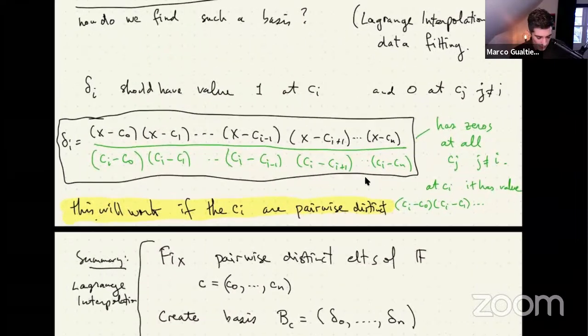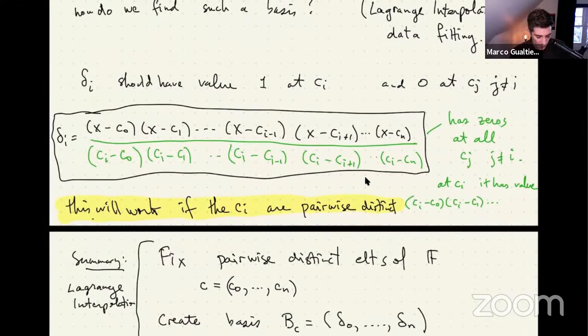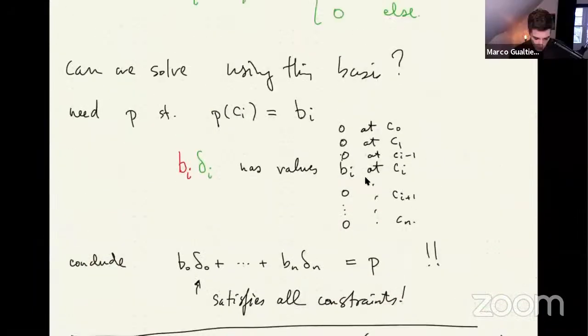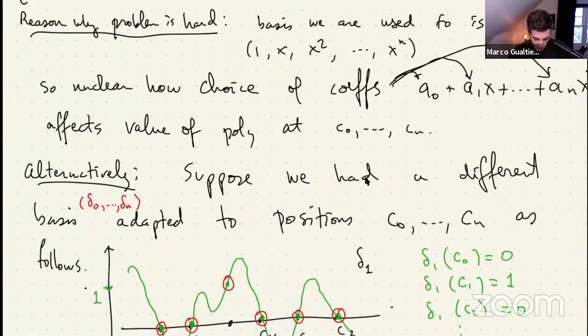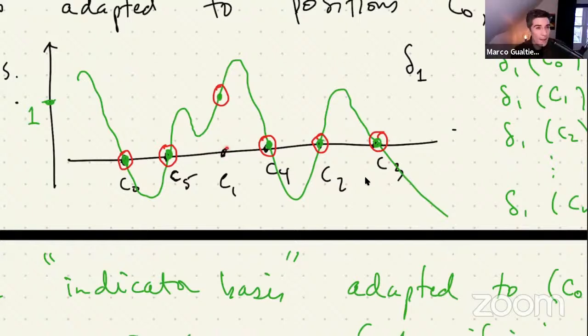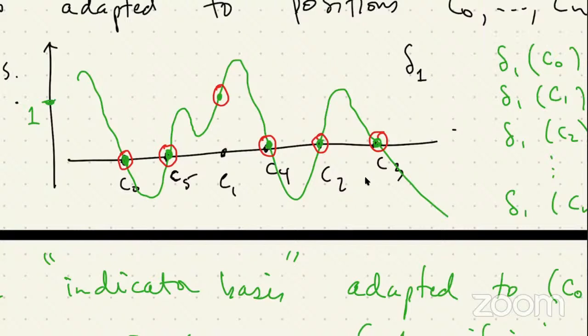Okay. I need to find a polynomial that vanishes at c0, c1, c2. It vanishes at almost all the points, but it's equal to 1 at a single one of them. Does that make sense? Yes. So in other words, I'm looking for a polynomial which has a 0 here, here, here, here, and here, but not here. So what do I do?